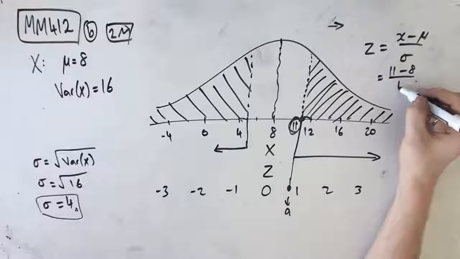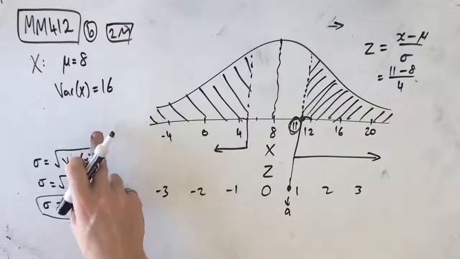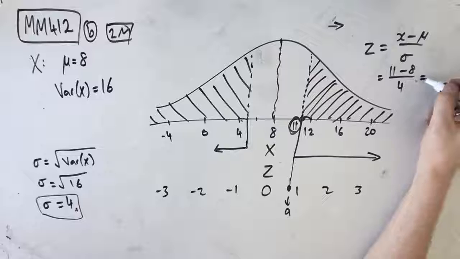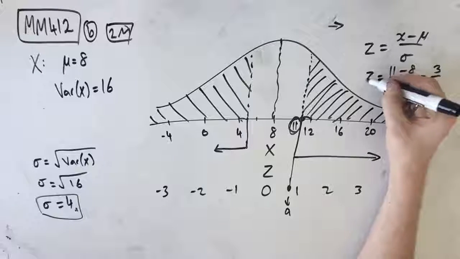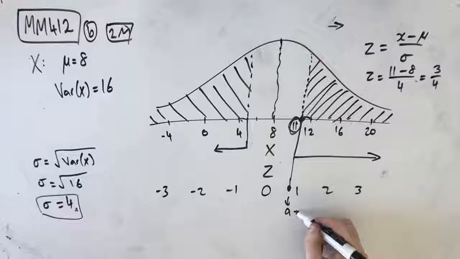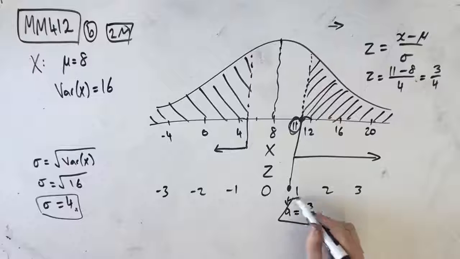So that's where this comes in. So if you ever have a variance, what you actually want to do is figure out the standard deviation based on that. Now, 11 take 8 is 3, and that's over 4, which means that our z value at this point here at 11 is 3 on 4, which means that our A equals 3 on 4. Okay, so that's our final answer.